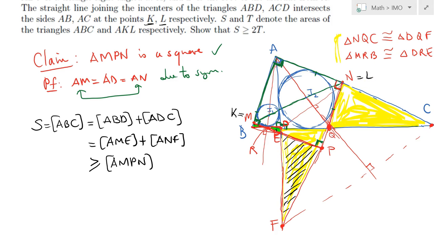So therefore the area of triangle AKL is half of the area of AMPN. So therefore I can replace AMPN with 2 times the area of KAL.